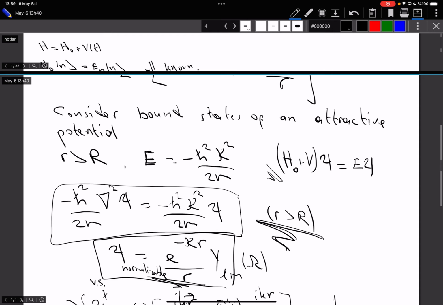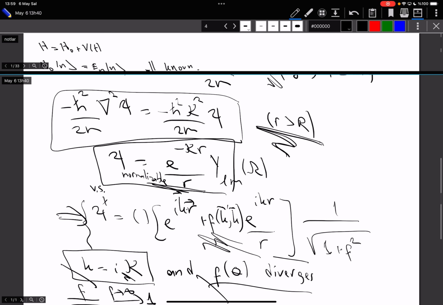Then now I compare this with my scattering problem. So this is my scattering problem. In that problem, I also did basically the same thing. This is the solution of my psi plus outside the region of my potential, which is an incoming plane wave plus an outgoing spherical wave.